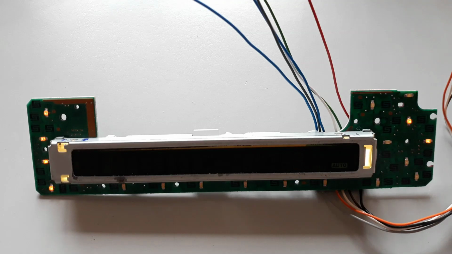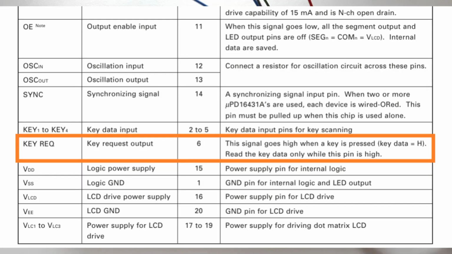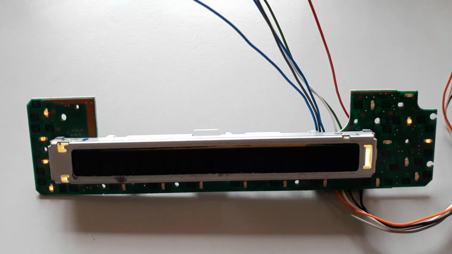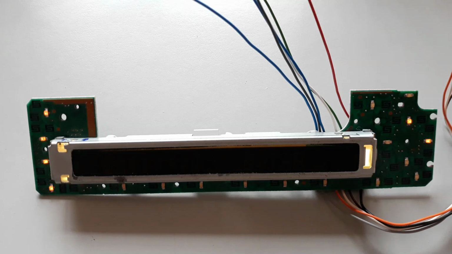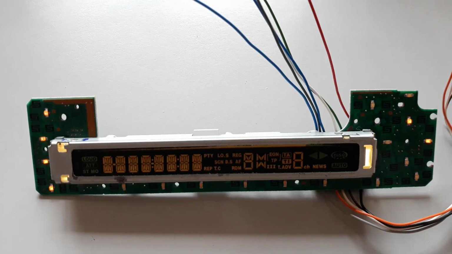Even more interesting, it provides a dedicated key rack output pin that acts as an interrupt or trigger whenever a key is pressed. This means we only need to read the keyboard when the key rack signal goes high, making the implementation much more efficient.